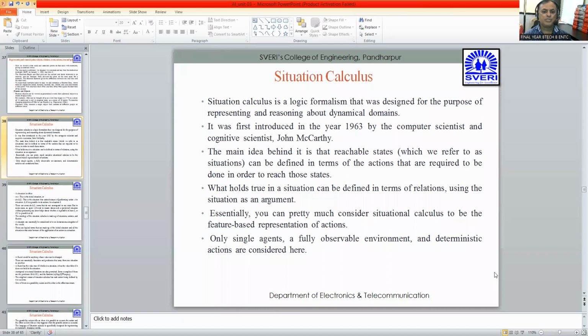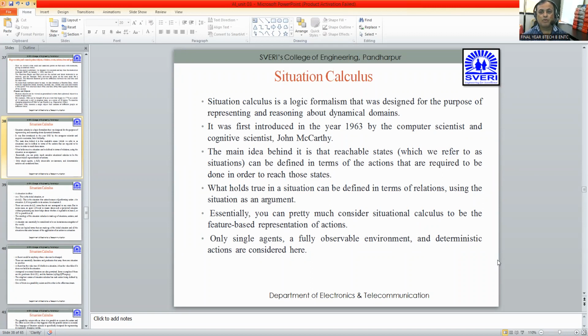What holds true in a situation can be defined in terms of relations using the situation as an argument. This is the most important line about what situation calculus is. The situation can be defined in terms of relationships.